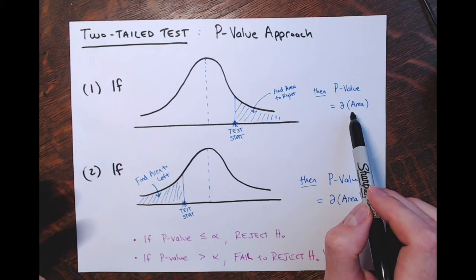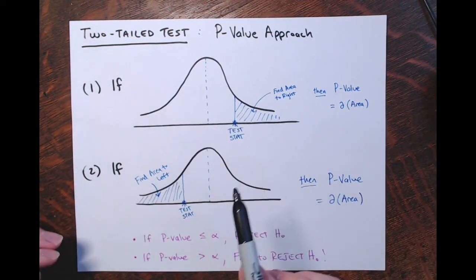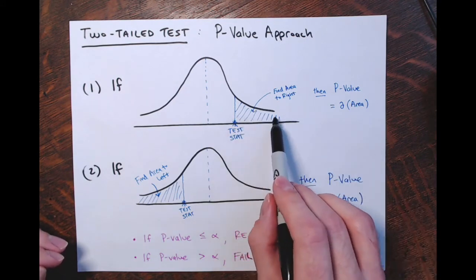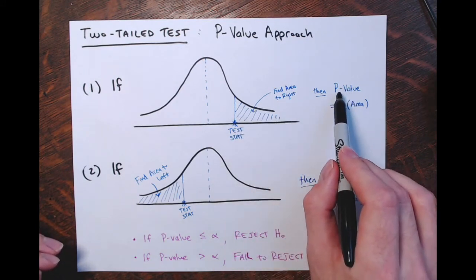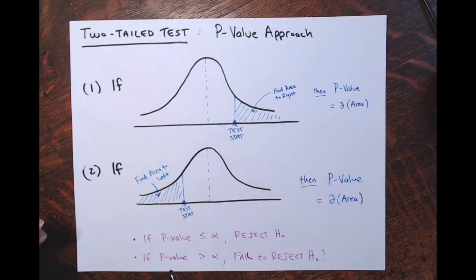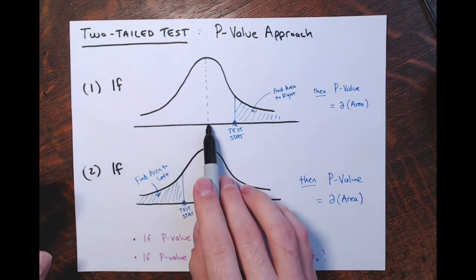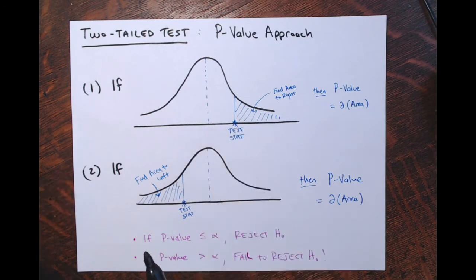A little tricky, and two-tailed, double, okay. Find the area to the right of the test statistic, then the p-value will be double that area, 2 times that area. Now that's if the test statistic is at the mean or greater.